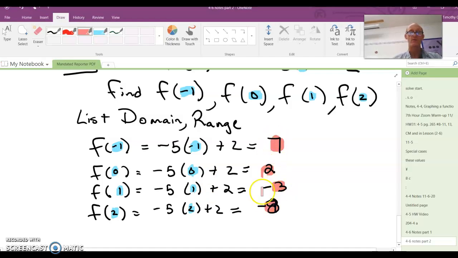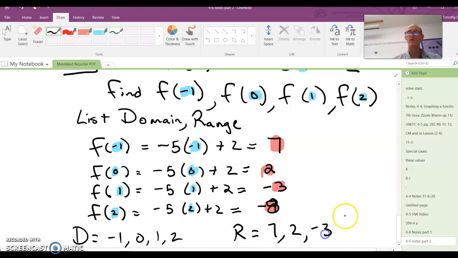And those were all the outputs, and that's the range. So the domain is negative 1, 0, 1, 2, and the range is 7, 2, negative 3, negative 8.